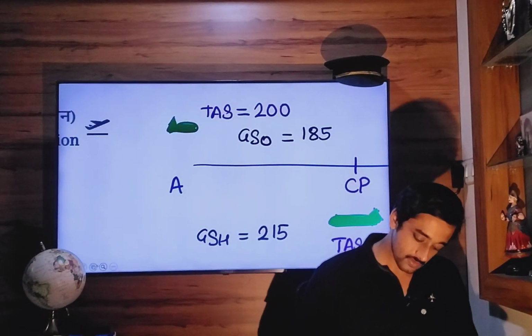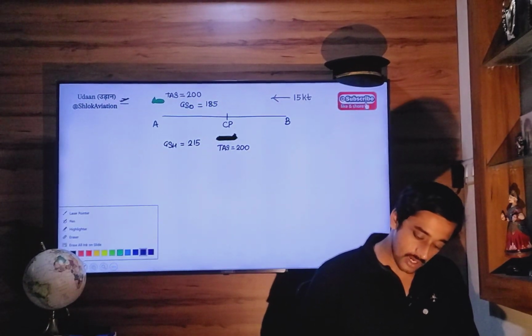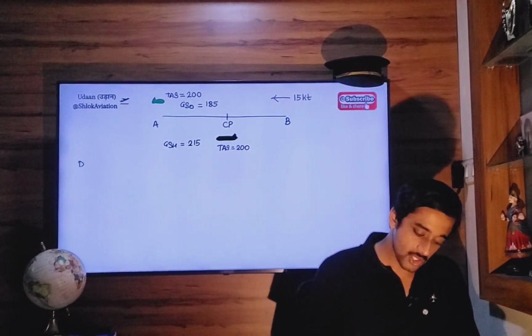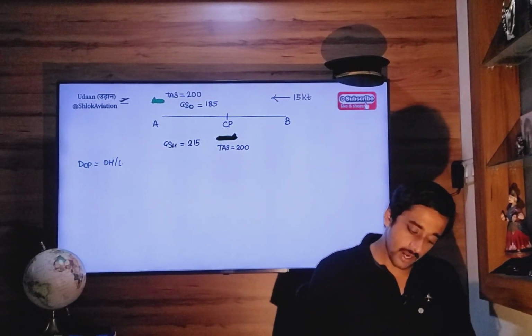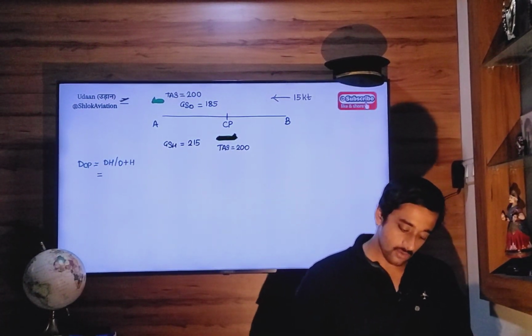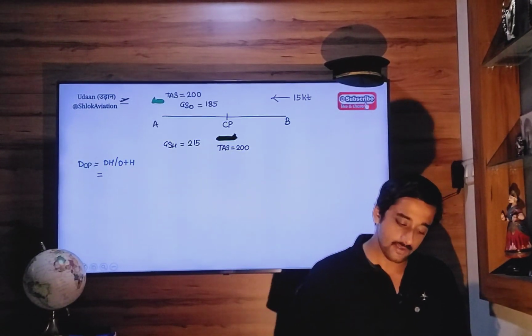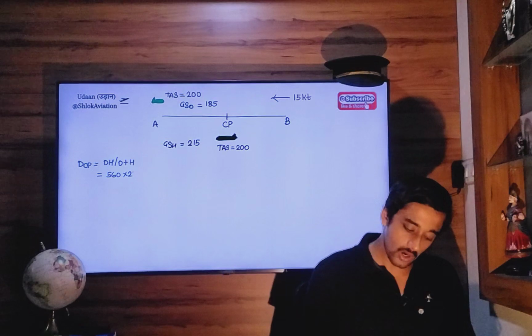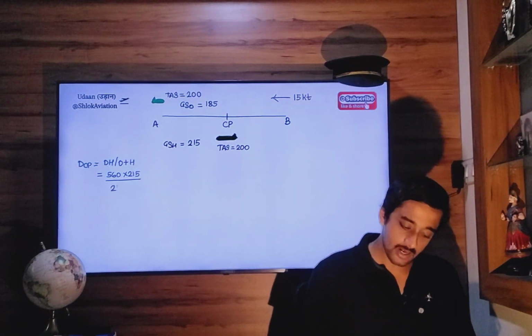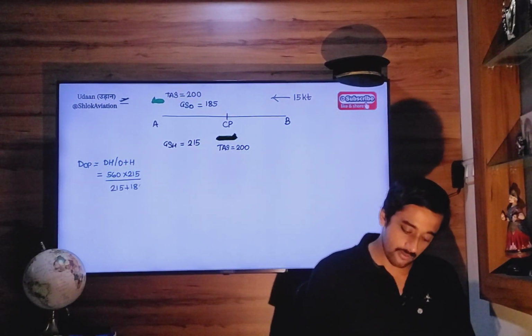Now, your point of equal time, distance to point of equal time or critical point is D into H divided by O plus H. What is the total distance between them? 560. Homebound speed 215 divided by 215 plus 185.